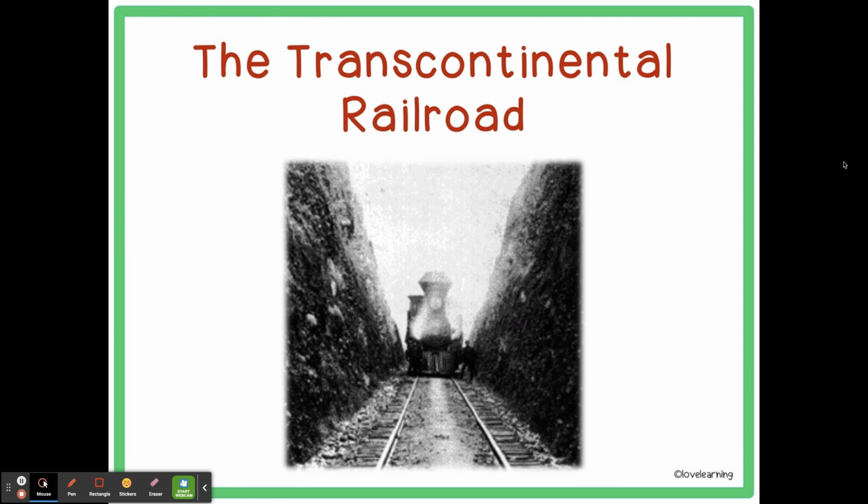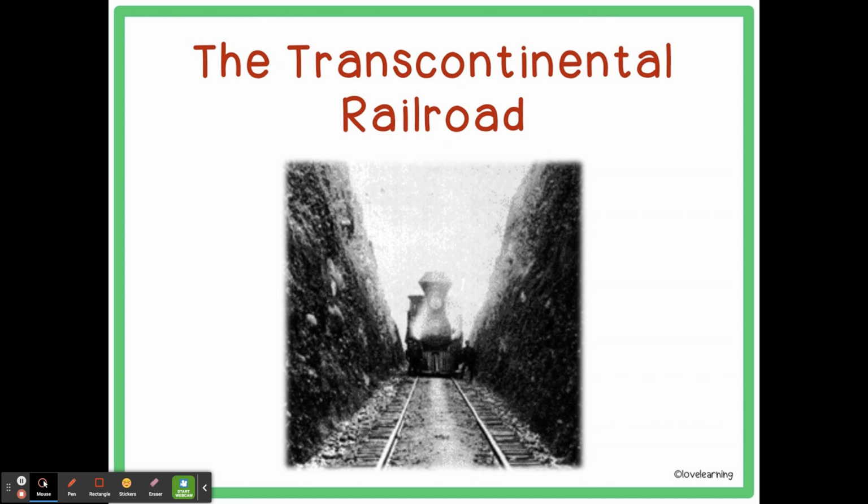Today we're going to be talking about the Transcontinental Railroad. So up until now, we have discovered that we are in need of a way to get people to the West Coast and the East Coast in a smooth way. In that big, large territory out west, there's nothing developed.